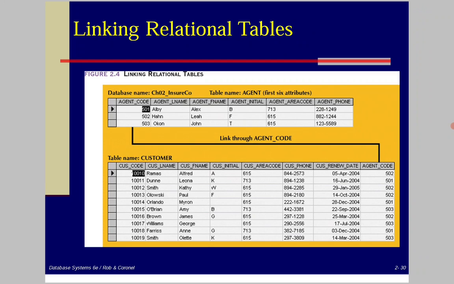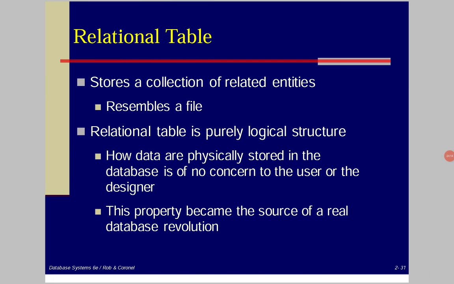Agent is the first table, and it has some properties and data like agent code, agent last name, agent first name, initial, agent area code, agent phone. And customer code, customer last name, first name, initial, like that. Here agent code is the common name for both.